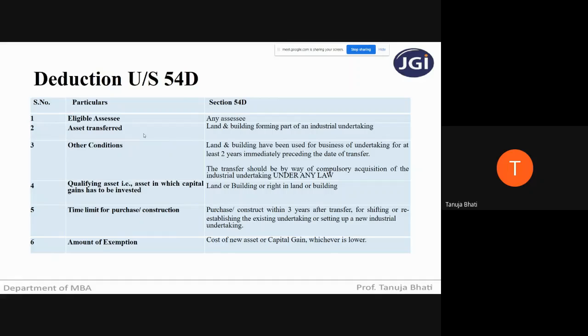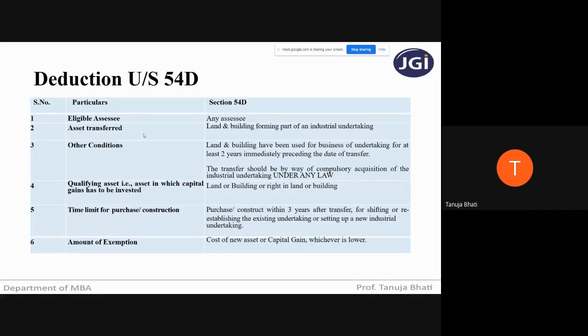It should be compulsorily acquired under any law, and the capital gain should again be invested in an industrial undertaking, that is a land or building. And within 3 years he has to make sure that he is purchasing or constructing that land or building. Then only he will get this particular deduction under section 54D.